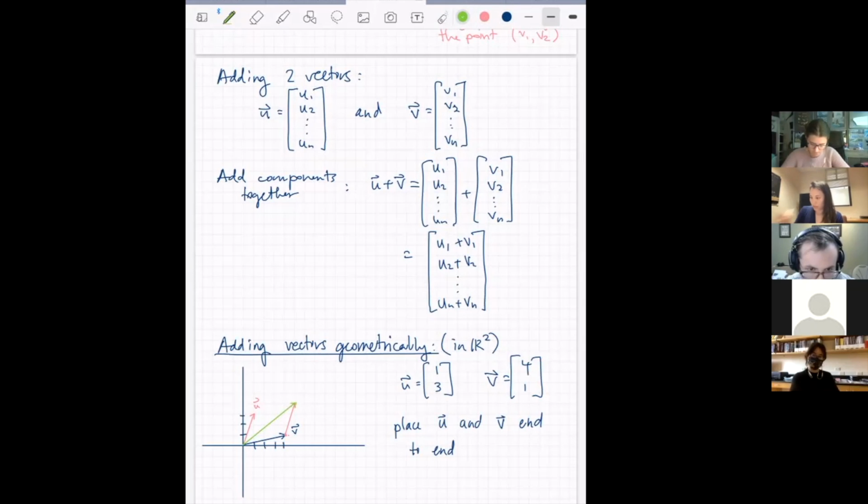And in order to just complete this picture, you can do it the other way as well. So you could start with u and then place v at the tip of u, and it will stretch to the same point, right? You'll get the same thing, it won't depend on which one you start with. And so this always forms a little parallelogram like you see here. So I think in the book they call this like a parallelogram something. Ruler, I forget. Something.